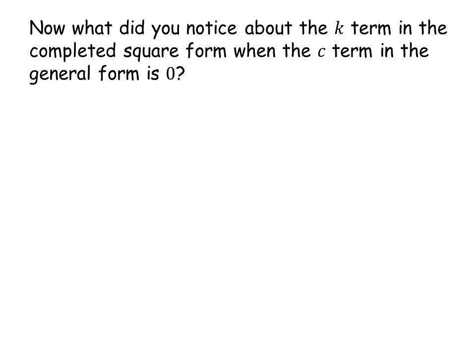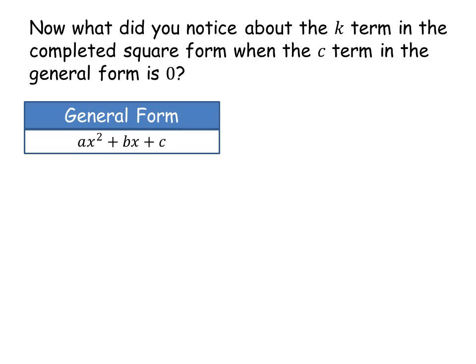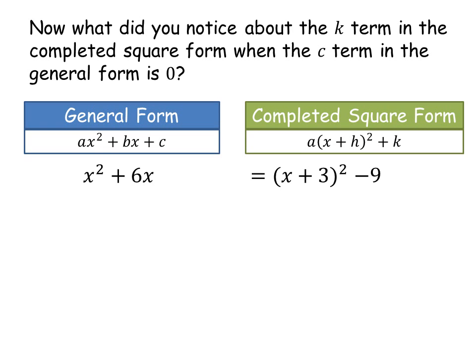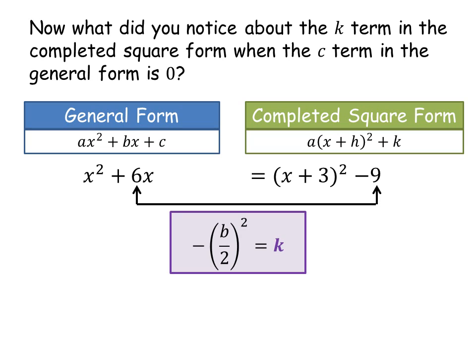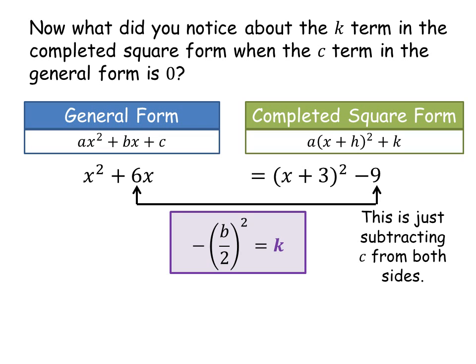So what did you notice about the k term in the completed square form when the c term in the general form is 0? Well, here we go. If we had x squared plus 6x, the completed square form was x plus 3 all squared minus 9. Well, look at that. k was equal to negative b over 2 squared. b was 6. 6 over 2 is 3. 3 squared is 9, minus 9.